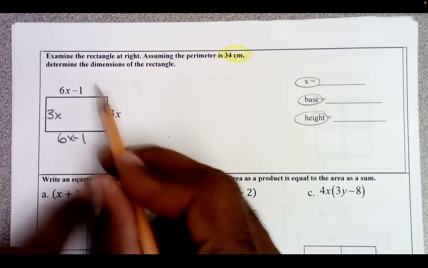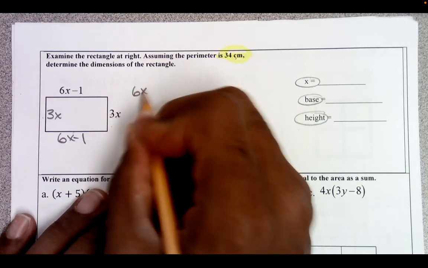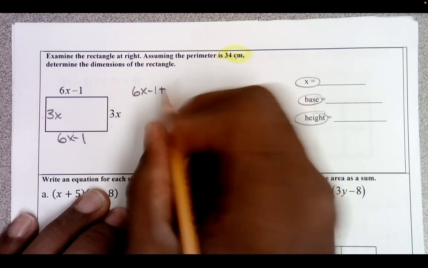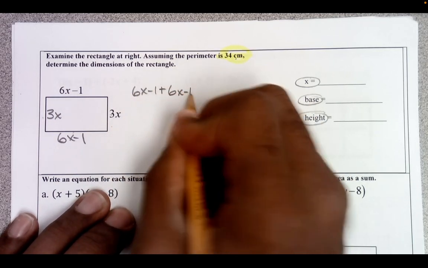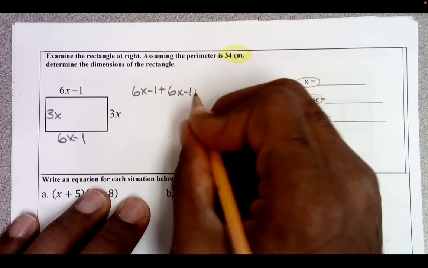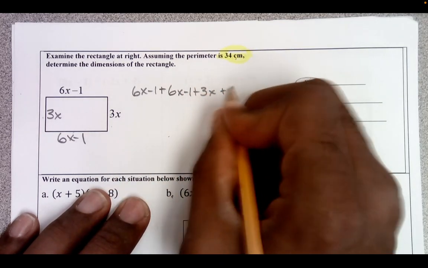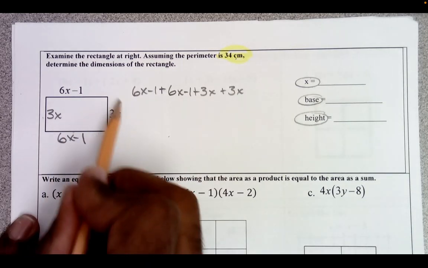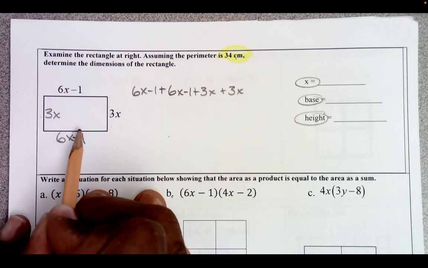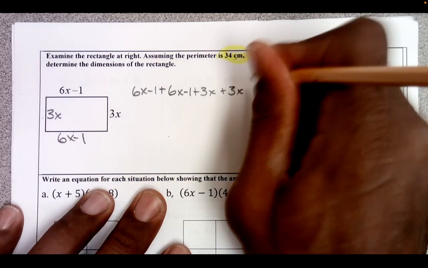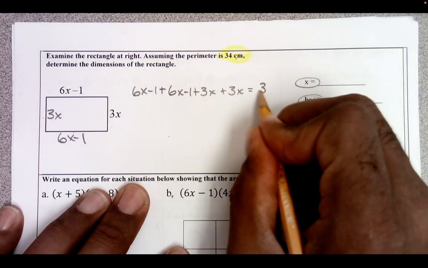I'm going to add up all these sides. So I'm going to write 6x minus 1 plus, don't forget the plus, 6x minus 1, and then plus 3x and plus 3x one more time. So basically, I just wrote all of these sides, and then it's equal to 34.